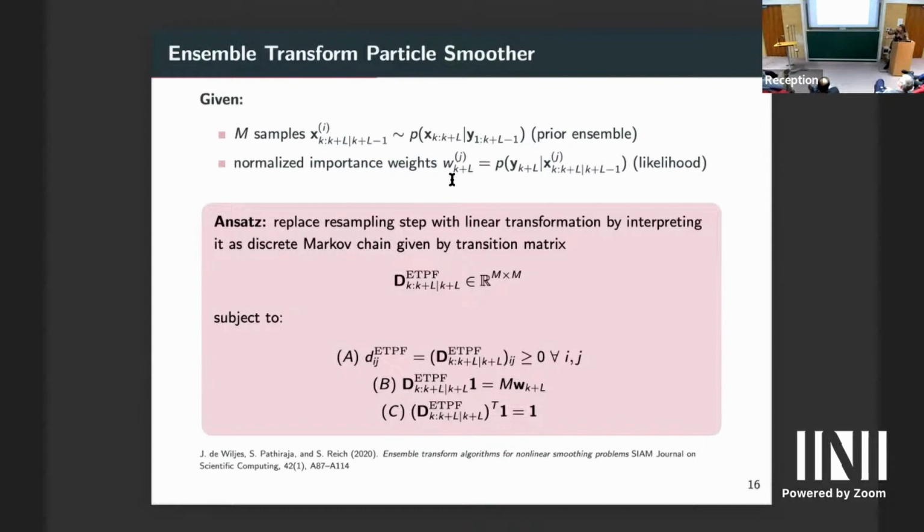Resampling is done randomly, but you could say, let's do this deterministically through a matrix. Just assume that there's a Markov chain underlying this resampling step, and you compute the associated Markov transition matrix, and it has to fulfill certain properties. And now we want to estimate that.